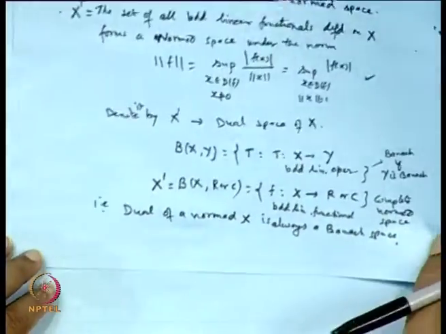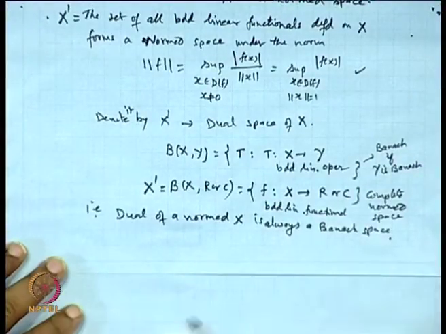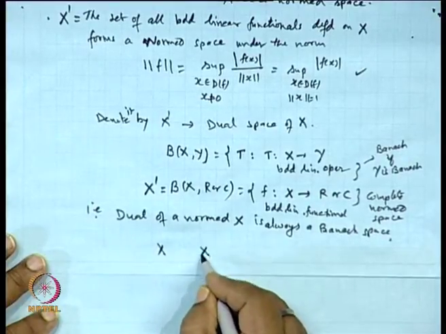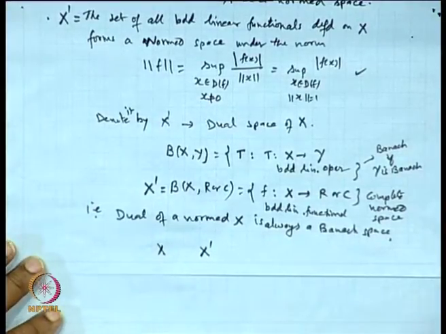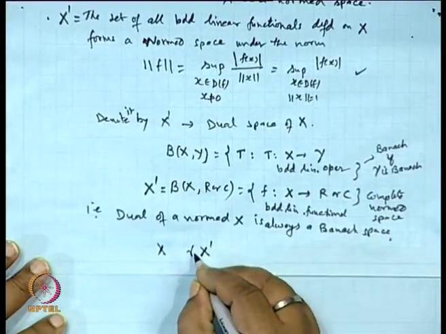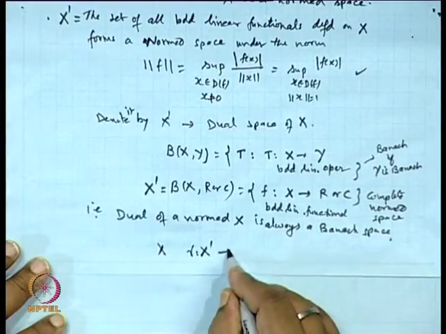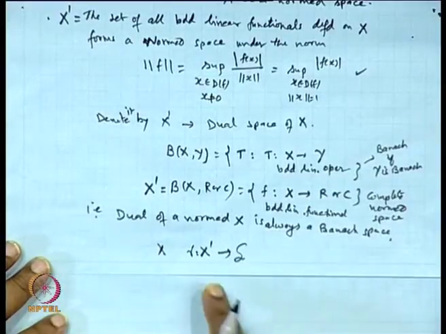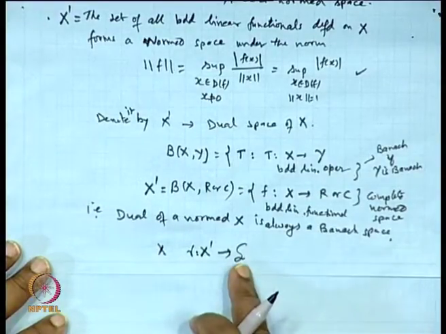Now, in order to investigate the duals of various spaces, we use the concept of isomorphism. If any space X is given and we are interested in finding its dual, then we try to establish a mapping from X dash to some space S, which is one-to-one, onto, and preserves the norms.